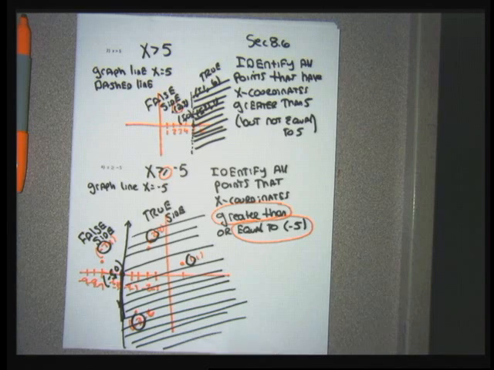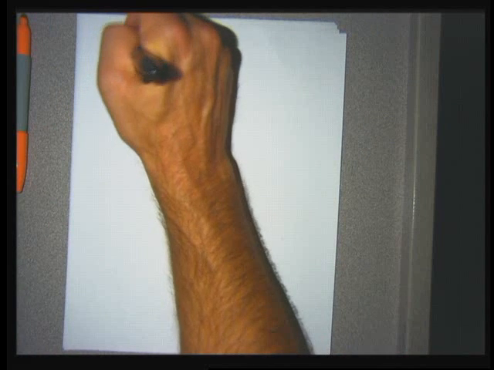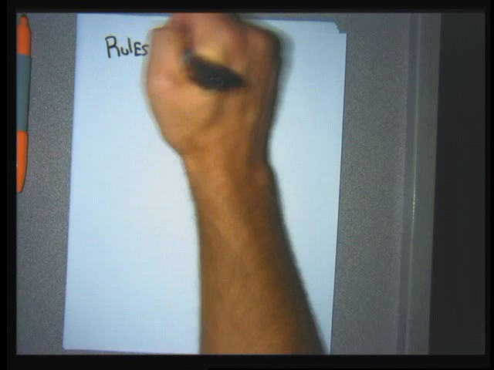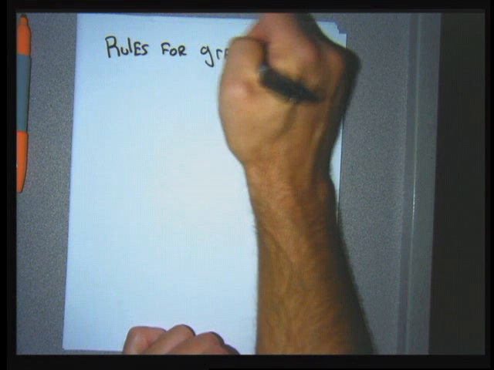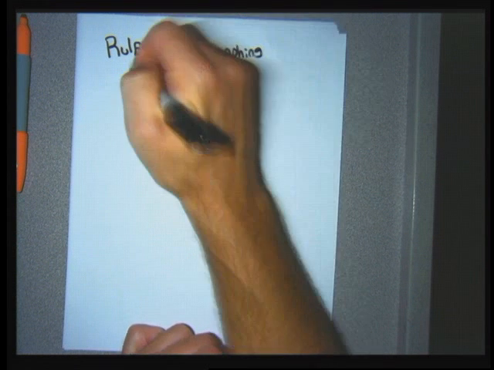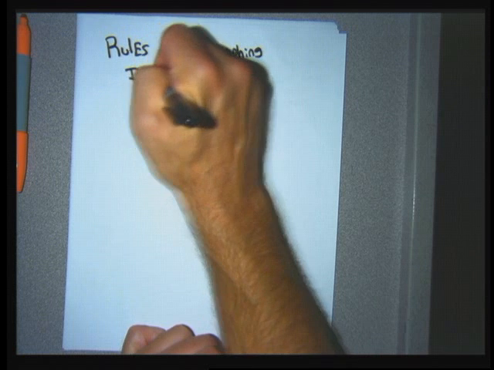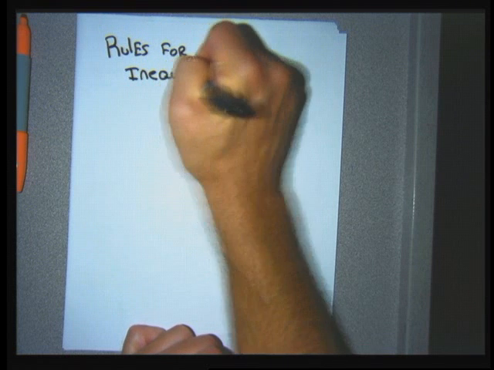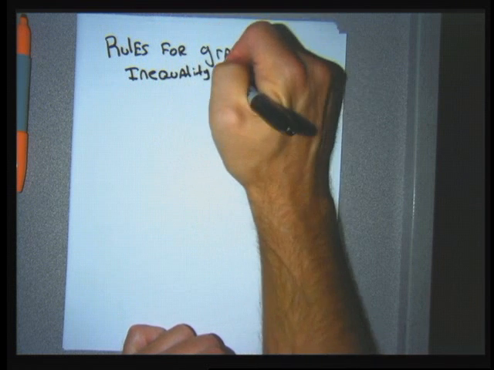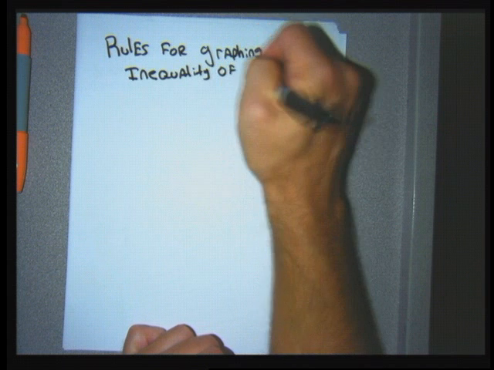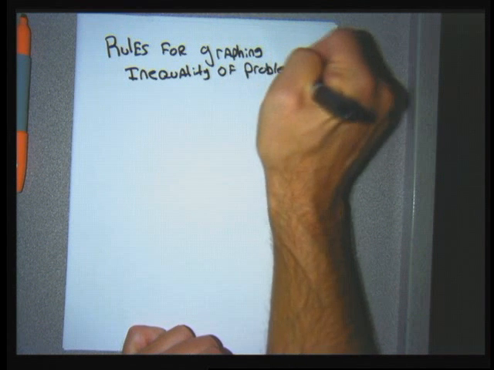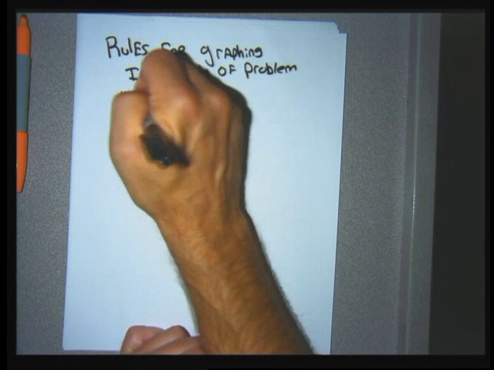So in general, here are the rules for graphing an inequality that doesn't have an equal sign, of a problem that only has an x.